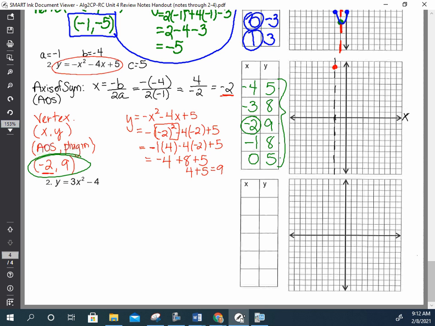Take the points, put them on the graph. Your curve.